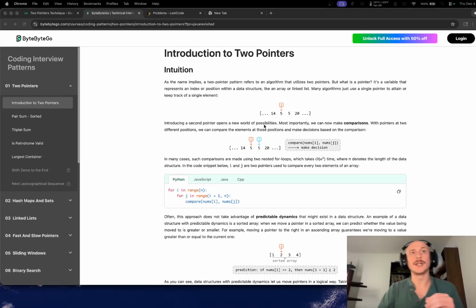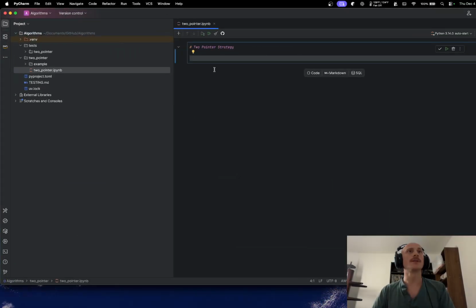So what does that look like? Well, let's go ahead and get an idea. If we were to do two for loops, it would look something like this. Let's create an array of 5 items.